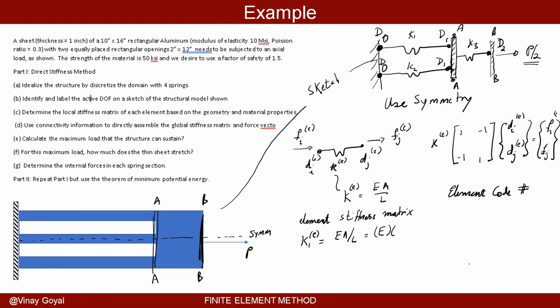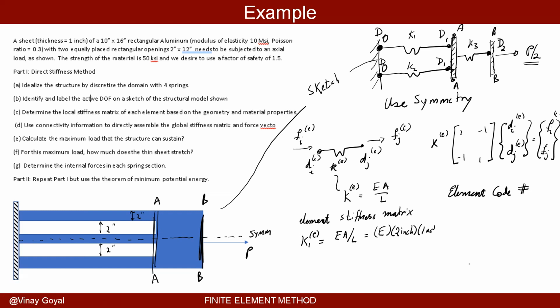Just keep in mind. So once we calculate the stiffness for each of the elements, which are pretty much the local stiffness, we can go to the global stiffness and put all together in a matrix.